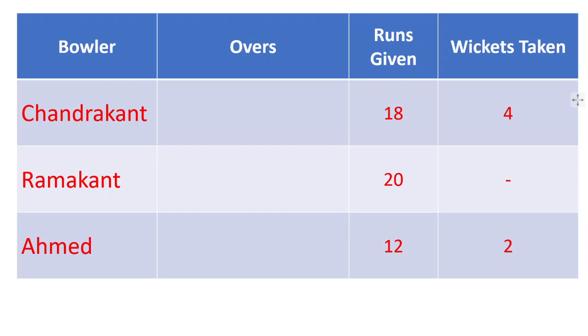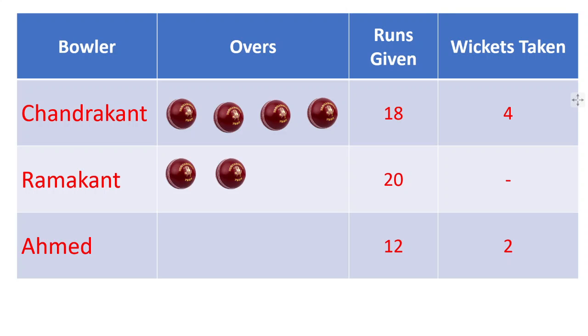Then pictures will help us to understand quickly and easily. As it is overs, let me put pictures of balls to show how many overs Chandrakant bowled. I have kept 4 balls. You should understand that Chandrakant bowled 4 overs, Ramakant 2 and Ahmed 3.